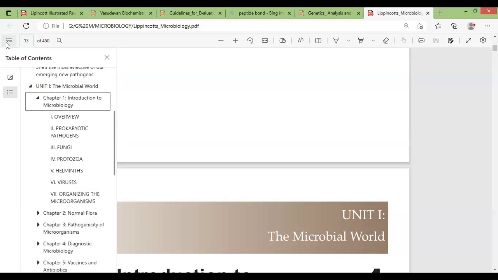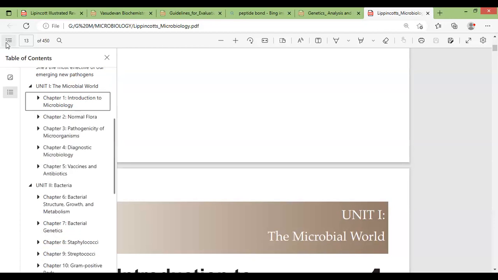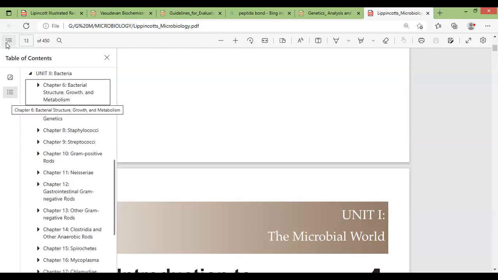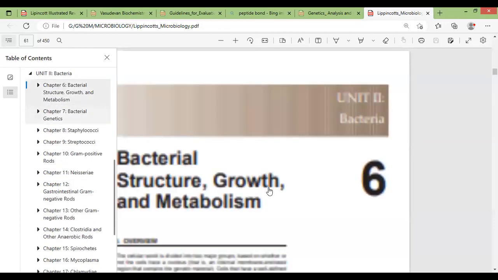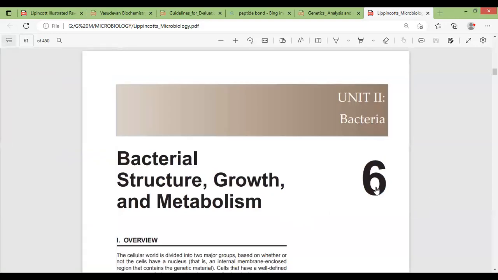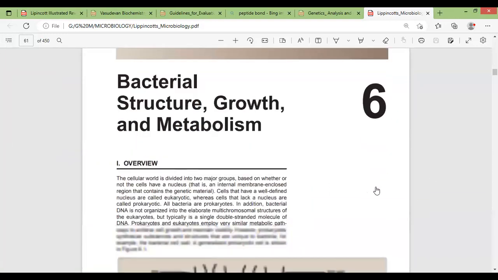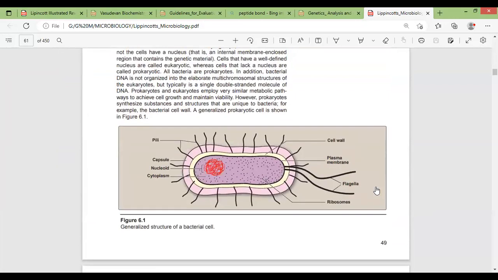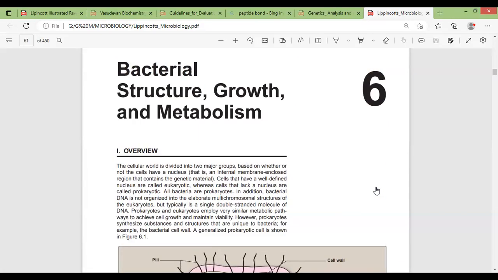Then the others, we call them atypical organisms. Then bacterial structure, I'll spend maybe some 20 minutes on it before we go to the function, growth, and metabolism.